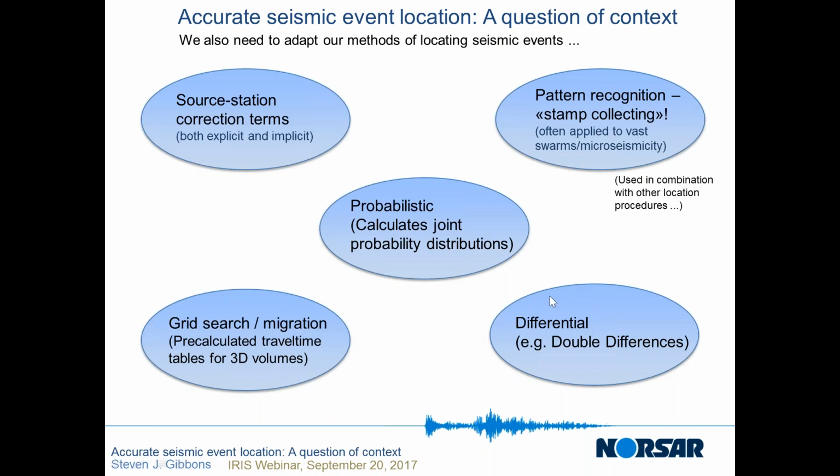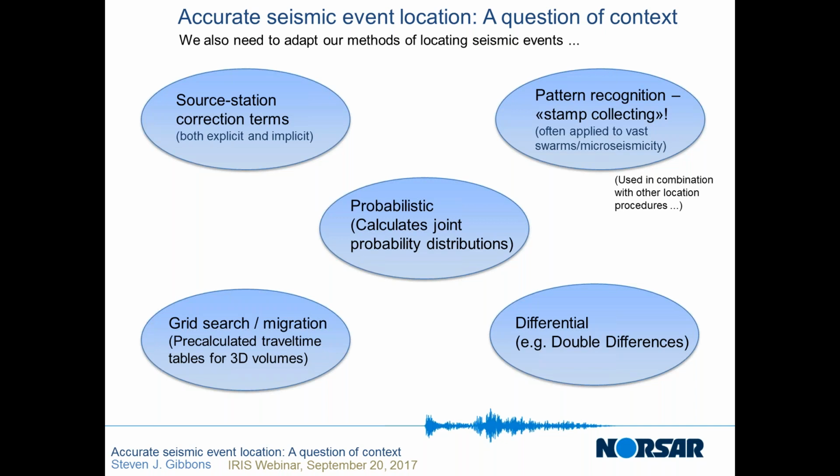There's a family of differential methods, which includes double differences and, to some extent, the joint epicenter determination kind of things. And at the top here, I've included what we call pattern recognition, or what I think of as stamp collecting, which is not event location as such. But if you have a seismic event, for example in a reservoir or a geothermal field, which is recorded by only one or two instruments, there's probably not enough information in your seismic data to say it was at this location.